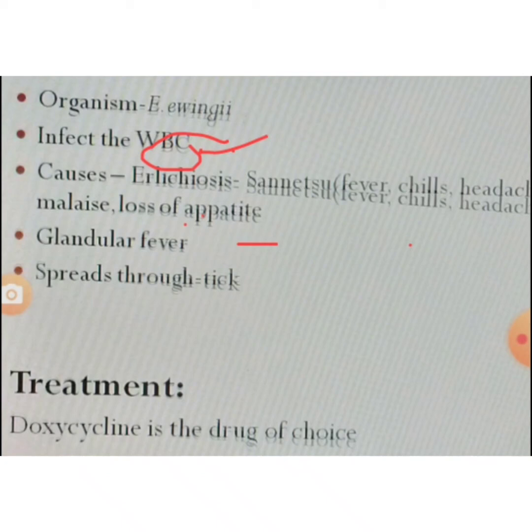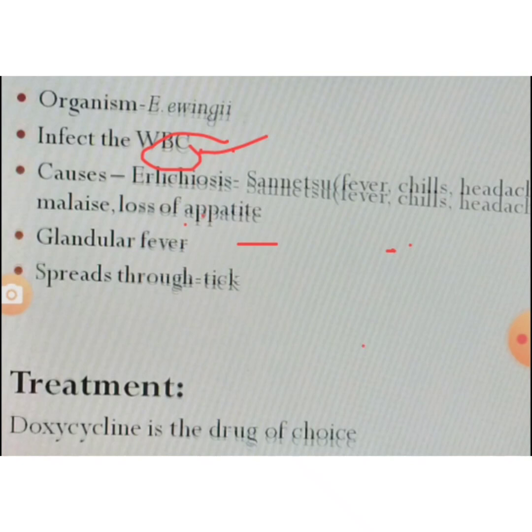It is also called Sennetsu fever. The basic symptoms are fever, chills, headache, loss of appetite and glandular fever, and it spreads through ticks. The only organism which spreads through animals is Coxiella burnetii. It is not a very serious disease here.